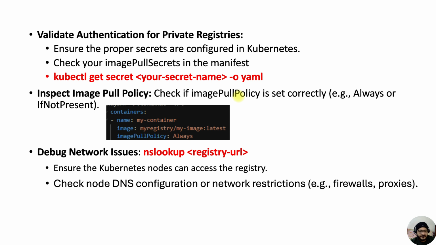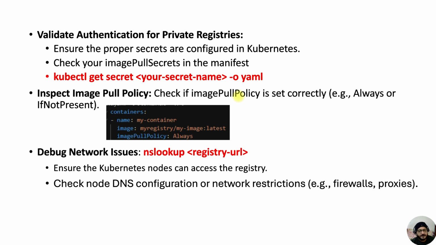Ensure that Kubernetes nodes can access the registry, and check the node DNS configuration or network restrictions, maybe some firewall issues or proxies you are using. All those things you have to verify if you are facing an image pull back off issue.